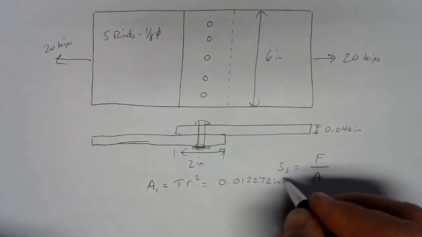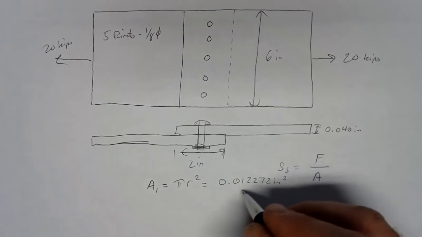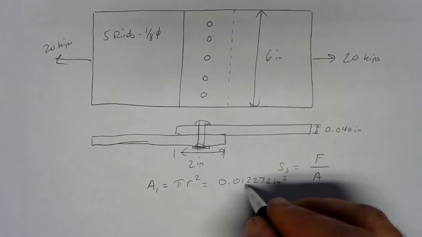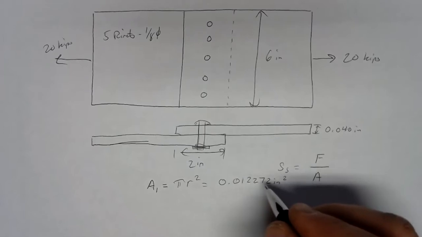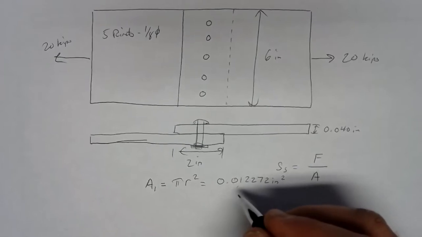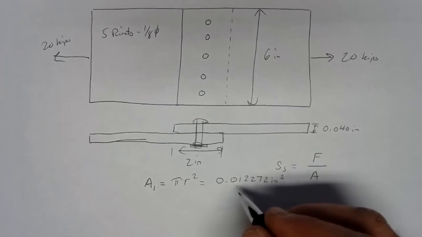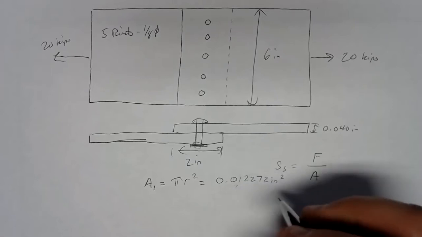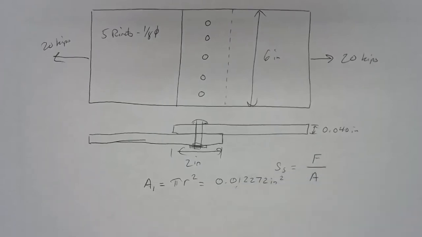Don't slack off on your sig figs here, because if you rounded this down to 0.012, you've lost a lot of information. Remember, we don't start counting until that first non-zero digit, and that's especially important to remember as we're dealing with much smaller numbers. So that's the area of one rivet, 0.012272.